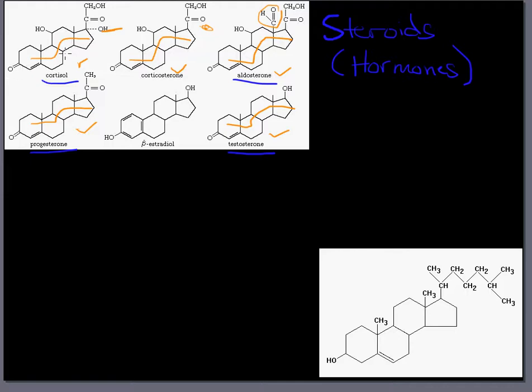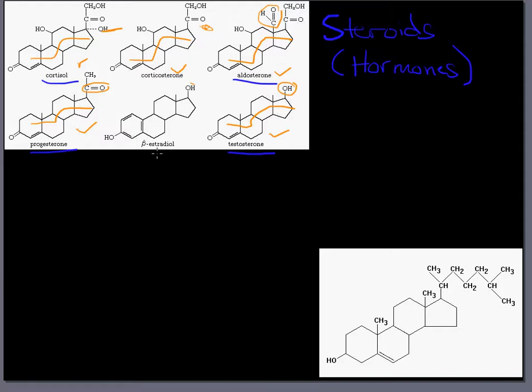This guy here has none of that. He just has this ketone here. This is a ketone here. That's a ketone. Here we have, well, we don't have the same ring, so that doesn't count. But here we have just an alcohol group hanging out. So they aren't isomers, but they are very similar in their structure.